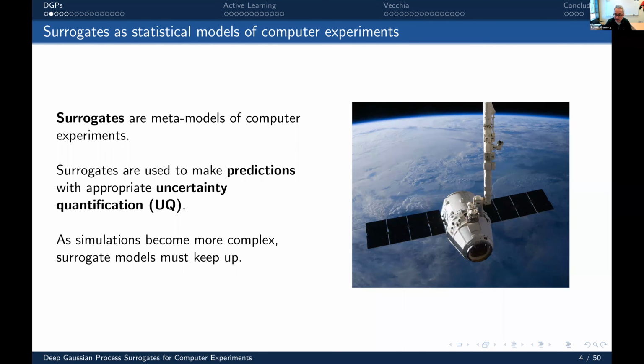I've got an example. You can see here a photograph of a satellite in low Earth orbit. So I worked with folks at Los Alamos who were interested in modeling the atmospheric drag on satellites like these, so that they could accurately pinpoint their positions and forecast their positions. You can simulate drag on a satellite with a mathematical model or computer implementation of a mathematical model.